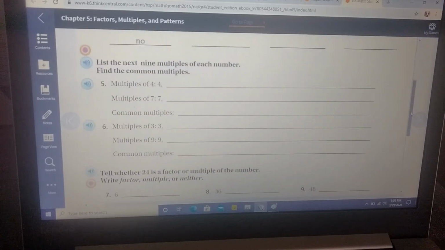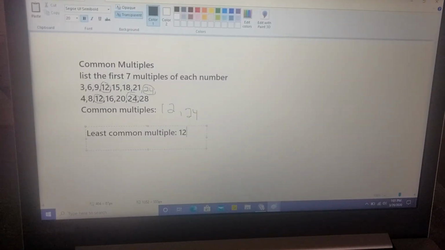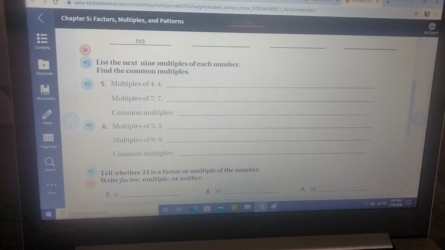The next one, you're going to list the first 9 multiples of 4, and then of 7. Just like what we did here, except we did the first 7. Now you're going to go all up to 9, and then you're going to write the common multiples. Same thing for 3 and 9. Write down the first 9 multiples of 3 and 9, and then write the common multiples on the line.